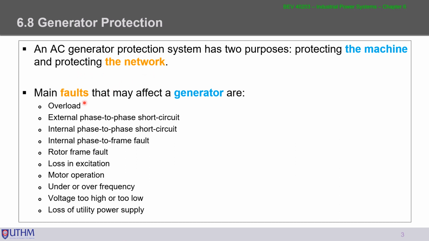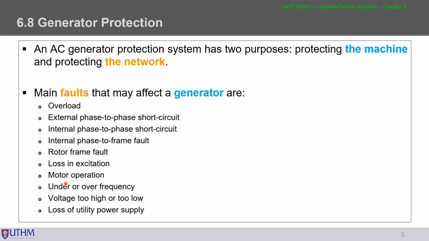The main faults that may affect a generator are overload, external phase-to-phase short circuit, internal phase-to-phase short circuit, internal phase-to-frame fault, rotor frame fault, and loss of excitation. Loss of excitation means that the voltage running the generator is not stable.